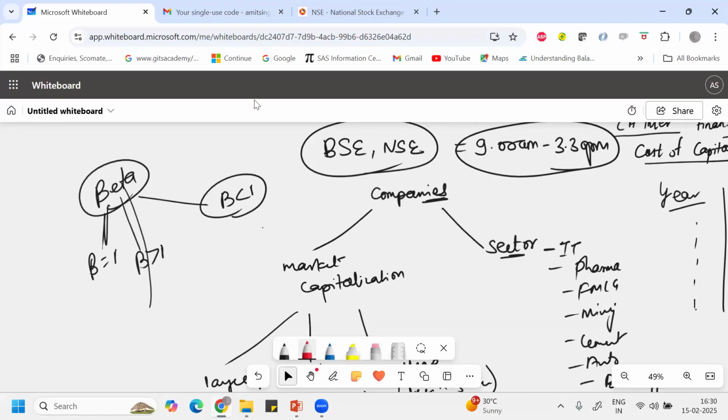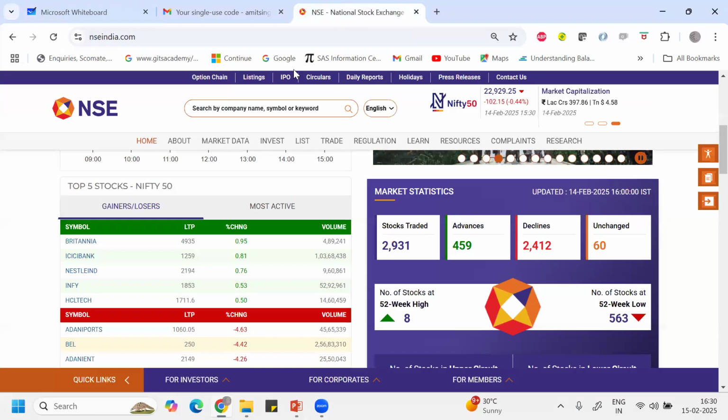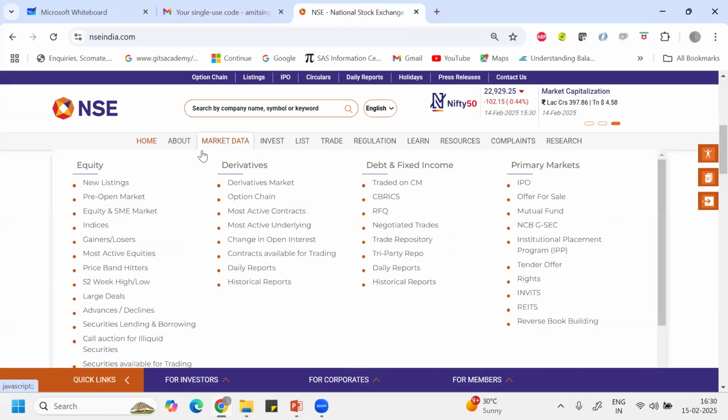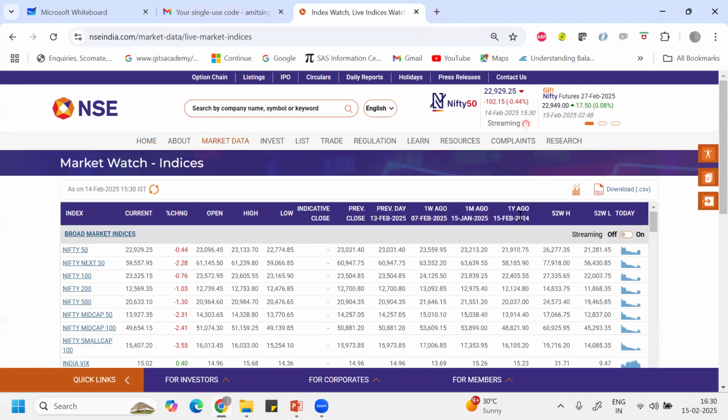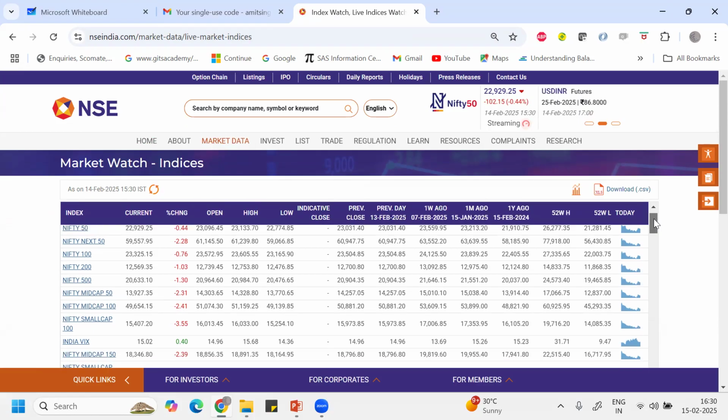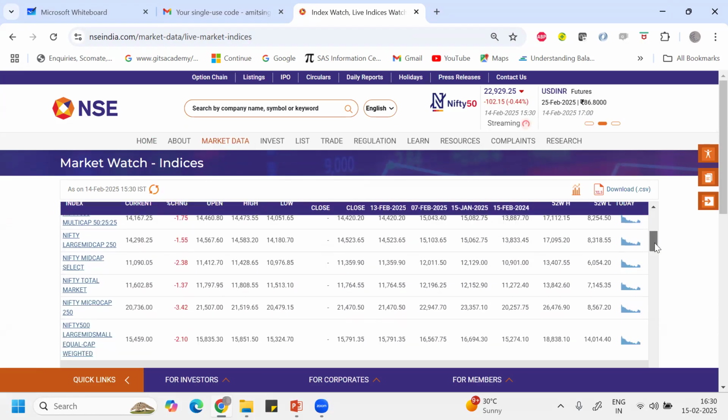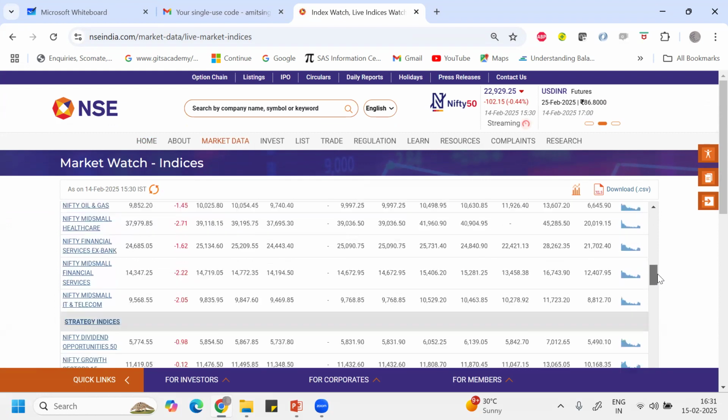If you see the NSE website, under market data, indices, I can see different indices: Nifty 50, Next 50, 100, 200, and sectoral indices also.